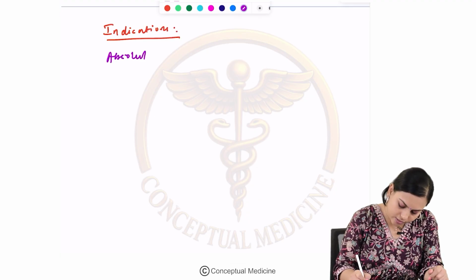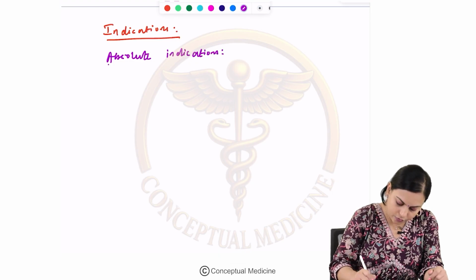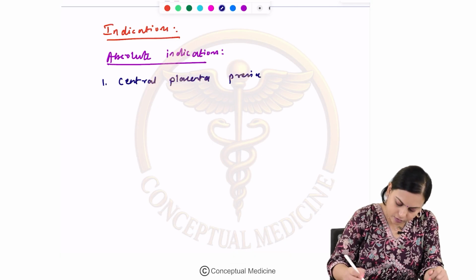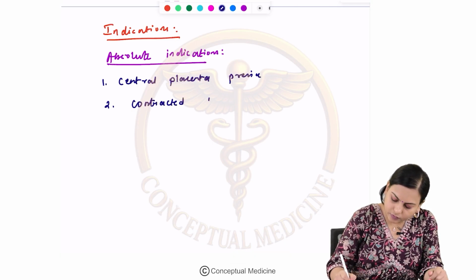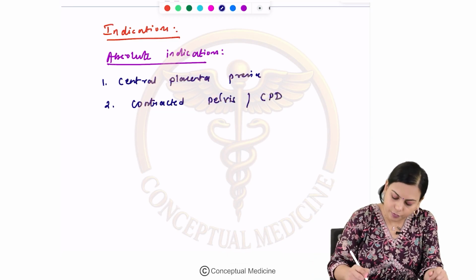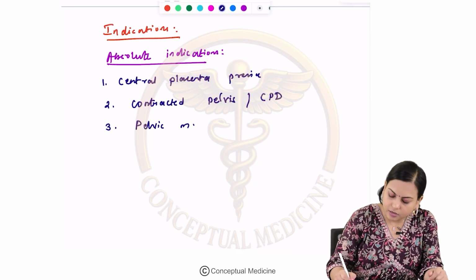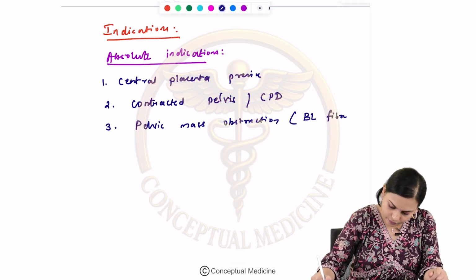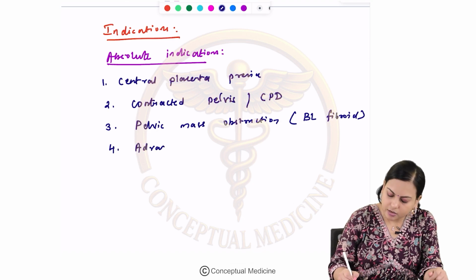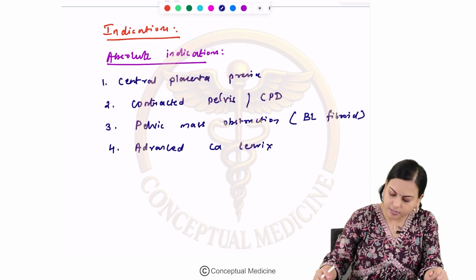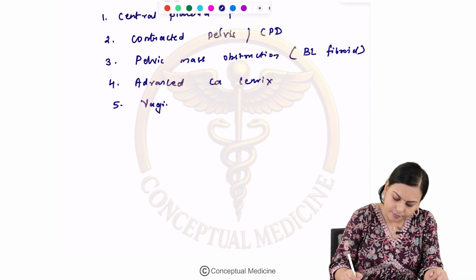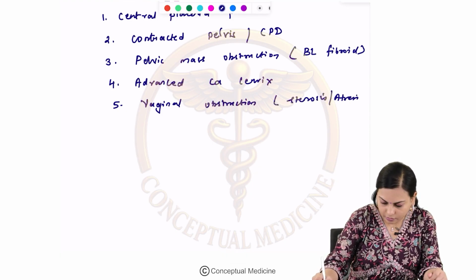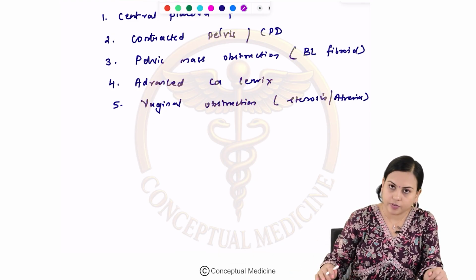Absolute indications include central placenta previa, contracted pelvis or cephalopelvic disproportion, pelvic mass obstruction, for example a broad ligament fibroid, advanced carcinoma cervix, and vaginal obstructions, such as vaginal stenosis or atresia.